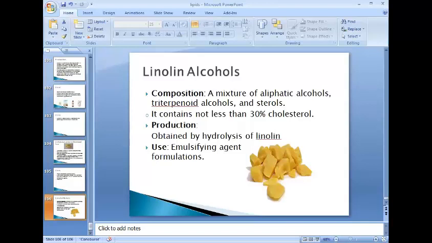As far as the composition is concerned, it is a mixture of aliphatic alcohols, and the lanolin alcohol basically obtained from lanolin has a composition that includes aliphatic alcohols, triterpenoid alcohol, and sterols. It has not less than 30% of cholesterol, and it is used as an emulsifying agent for a number of formulations.